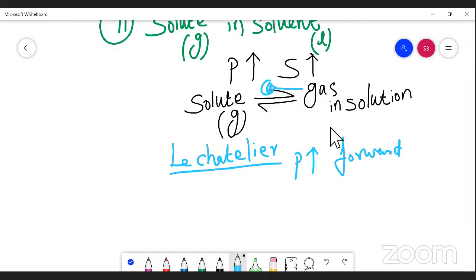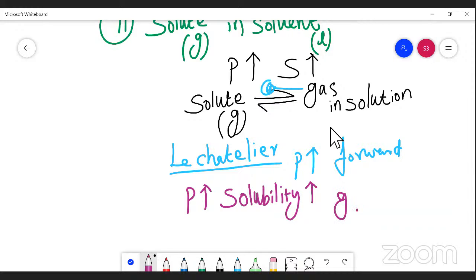Finally, we can conclude that as pressure increases, solubility increases, where the solute is a gas in a liquid solvent.